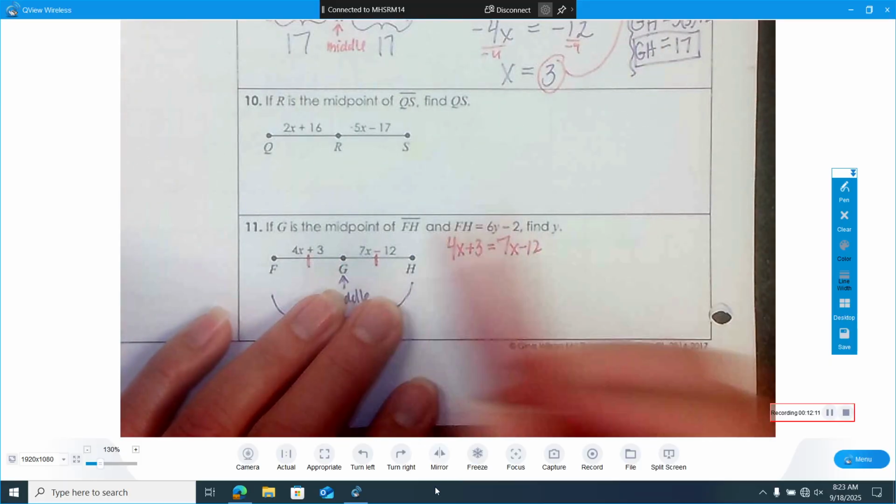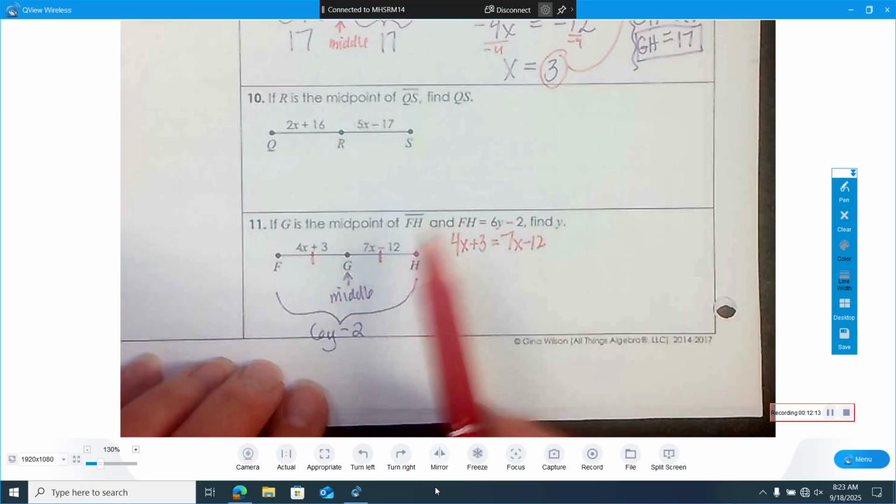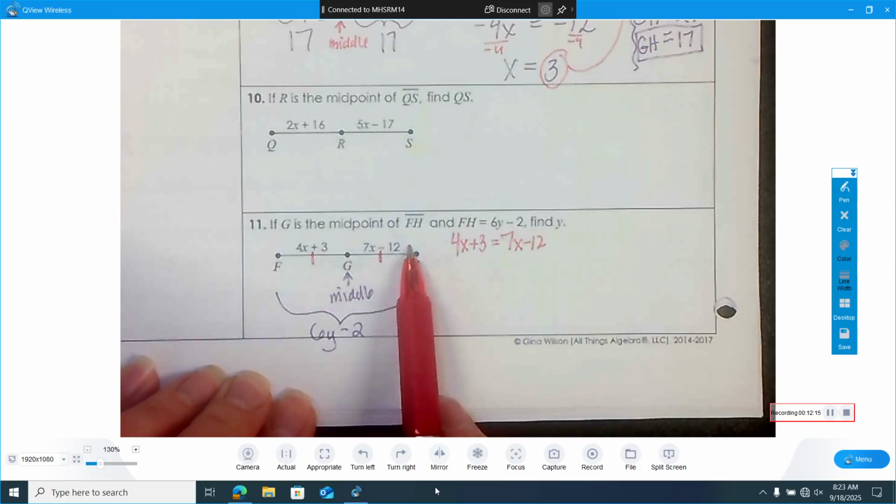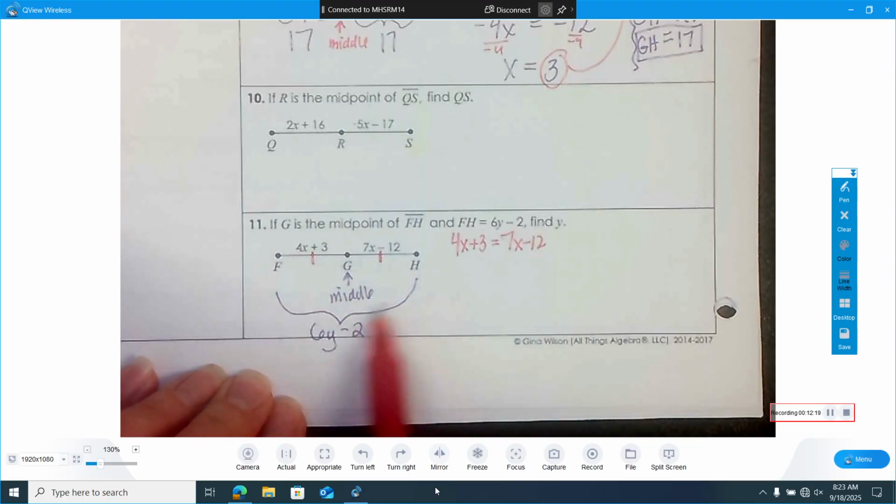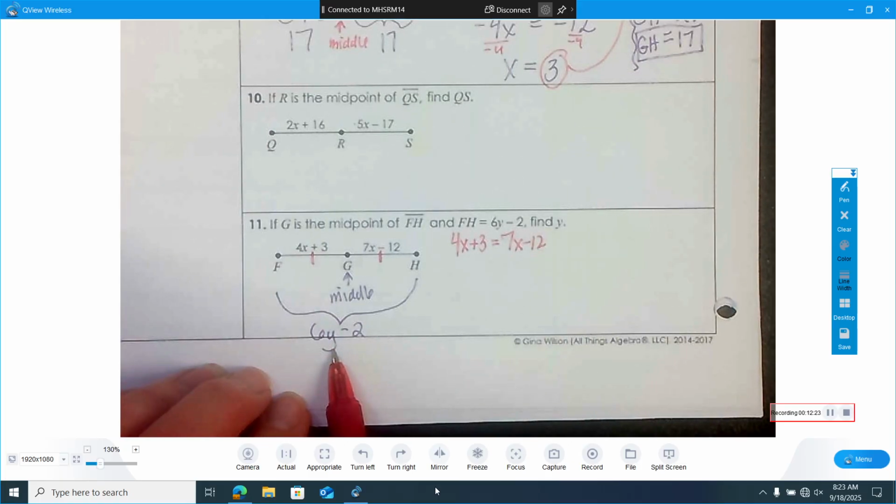Those two pieces are equal. What's interesting here is we have information with x, but what they gave me for FH has y's in it. I cannot write an equation with x's and y's. So I have to stick to one letter first and then move on from there.